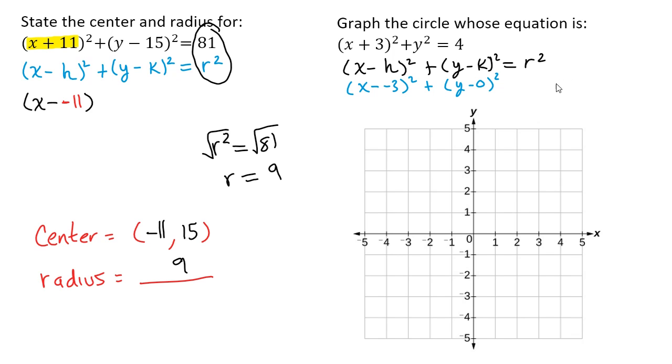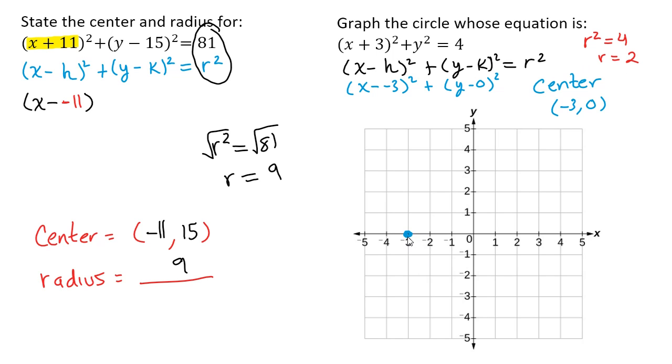So the center would be at negative 3, 0, which means that it would be located right here. For the radius, I know that the radius squared is 4, so taking the square root, the radius is equal to 2.